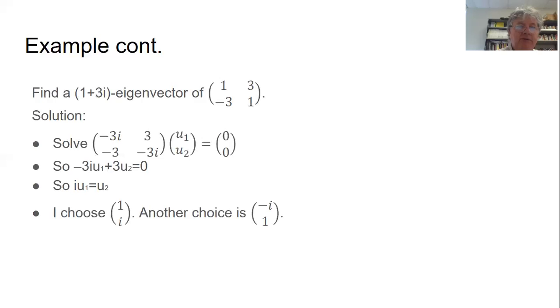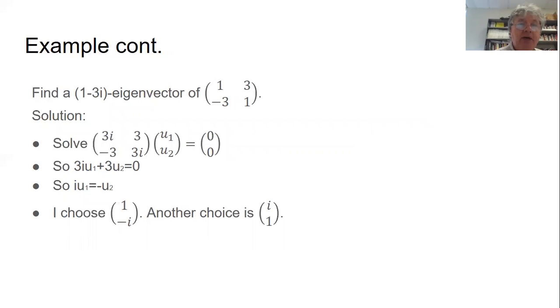So I'm just going to use the first row to get my condition, which is minus 3i u1 plus 3u2 equals 0. So that means i times u1 equals u2. And so if I let u1 be 1, then u2 is i. And that gives me that eigenvector. Whereas if I'd chosen u2 to be 1, then u1 is 1 divided by i, which of course is just minus i.